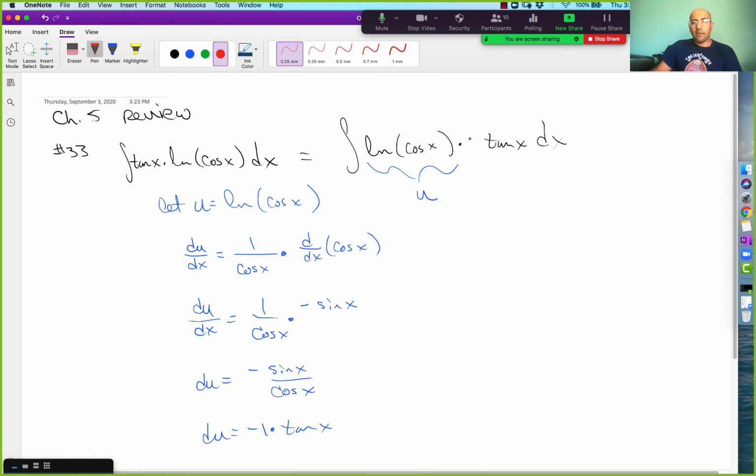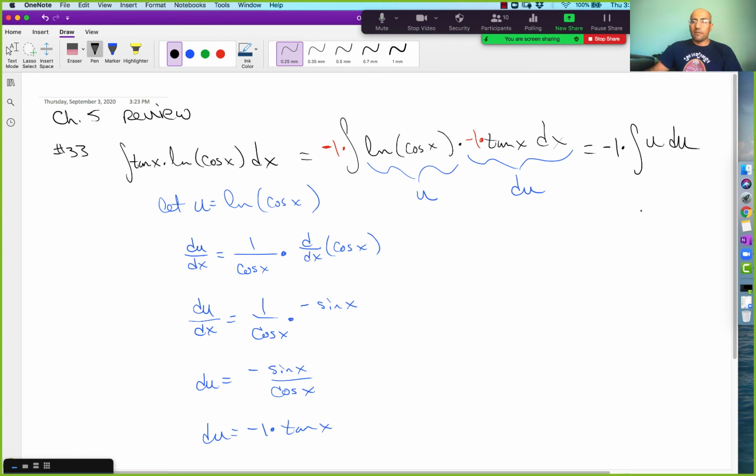So I'm going to multiply it by -1 so that I have exactly my du. But then I have to balance it out, so I throw in an extra -1 out here. That way those two cancel each other out. And I end up with my new integral, -1 times the integral of u du. Easy as pie.